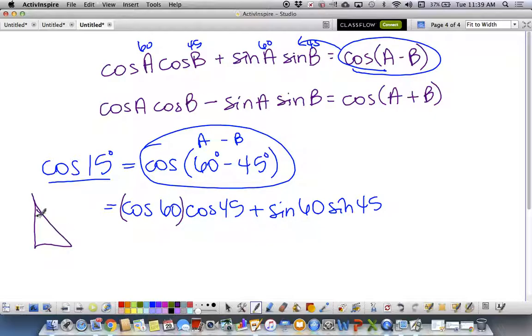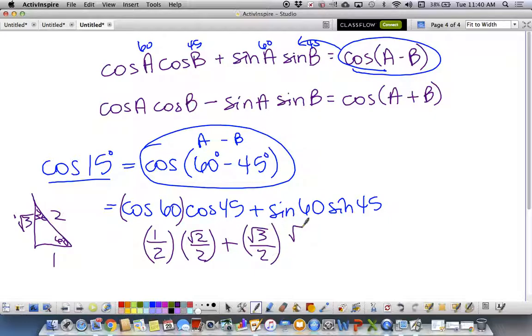I'm drawing a triangle, 30, 60, 1, 2, square root of 3. Cosine 60, adjacent over hypotenuse. Cosine 45, I'm going to give you a little hint, it's square root of 2 over 2. Plus, what's sine 60? Square root of 3 over 2. What is sine 45?